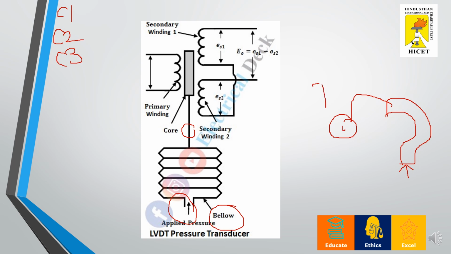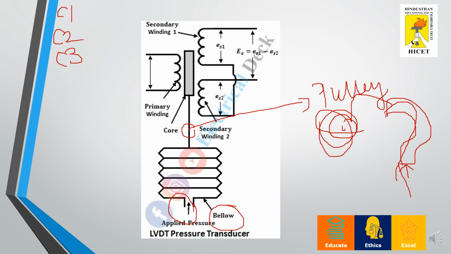You know what a pulley is? A wheel-like arrangement which is used to rotate a part. Followed by that pulley, we'll be connecting with the LVDT. Whenever I apply pressure, based on the pressure, this pulley will start to rotate. So the pressure is applied into the bellow tubes, and based on the pressure, this core will start to move.